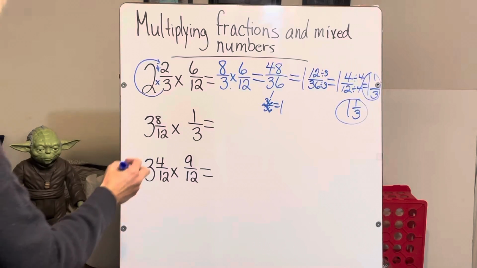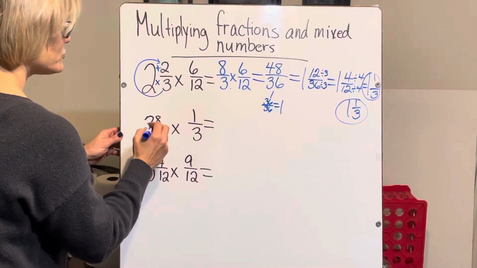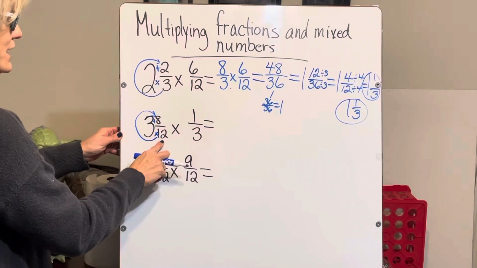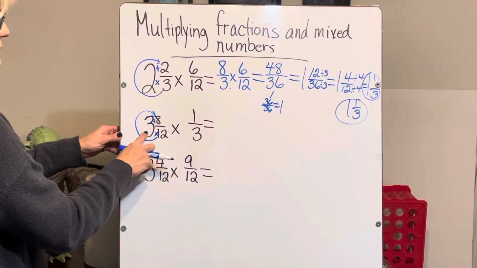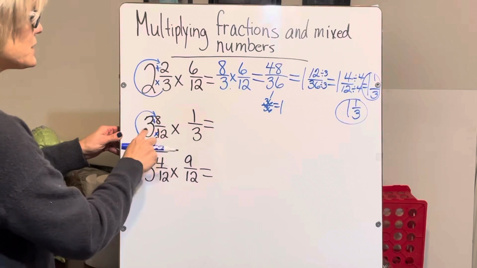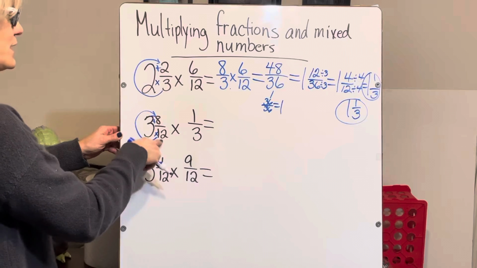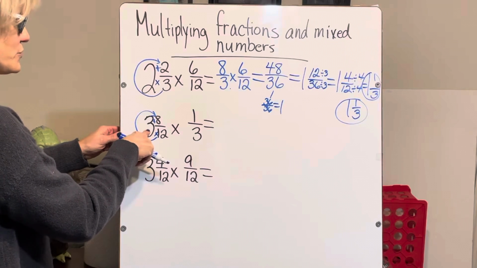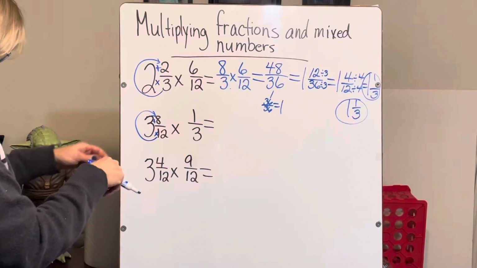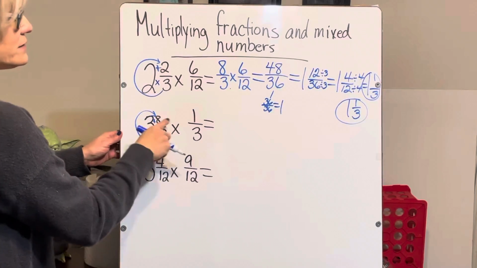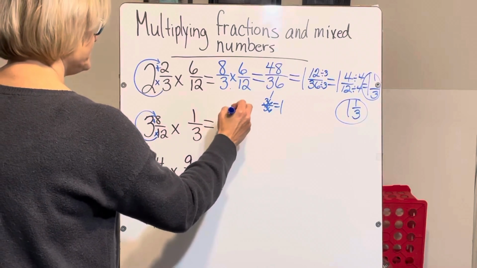All right, so let's use that same strategy here. We're going to go around like this, and we have 12 times 3. Oh, I should read this to you first: 3 8/12 times 1/3. So I'm going to go ahead and do 12 times 3, which is 36. 36 plus 8 is 44.